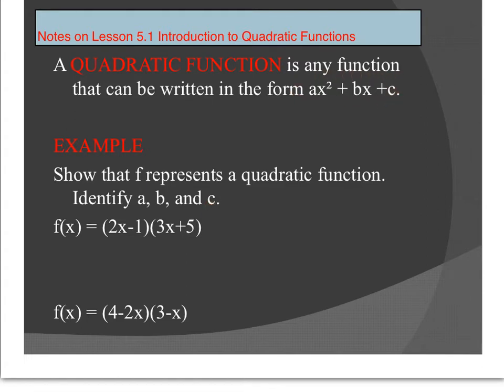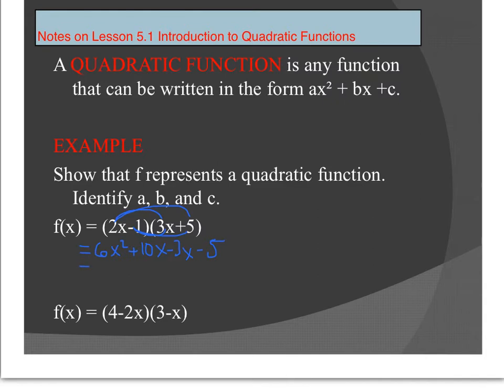Well, we've seen this before, and we can do something called FOIL, which I know we all love to do. So we have 2x times 3x gives me 6x squared. 2x times 5 gives me 10x. Negative 1 times 3x gives me negative 3x. And negative 1 times 5 gives me negative 5. So I've multiplied those two binomials together.